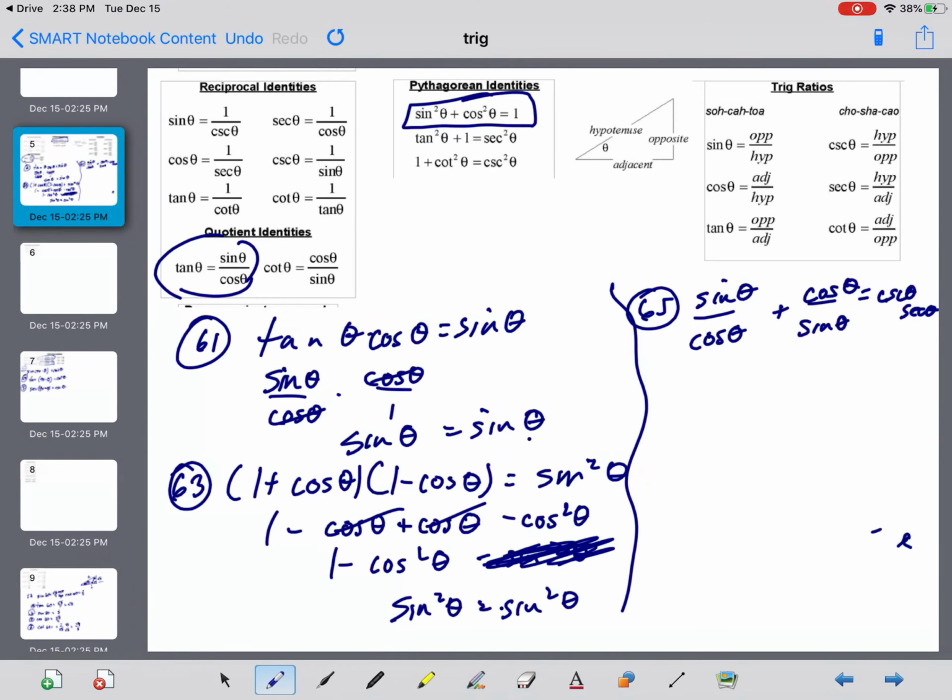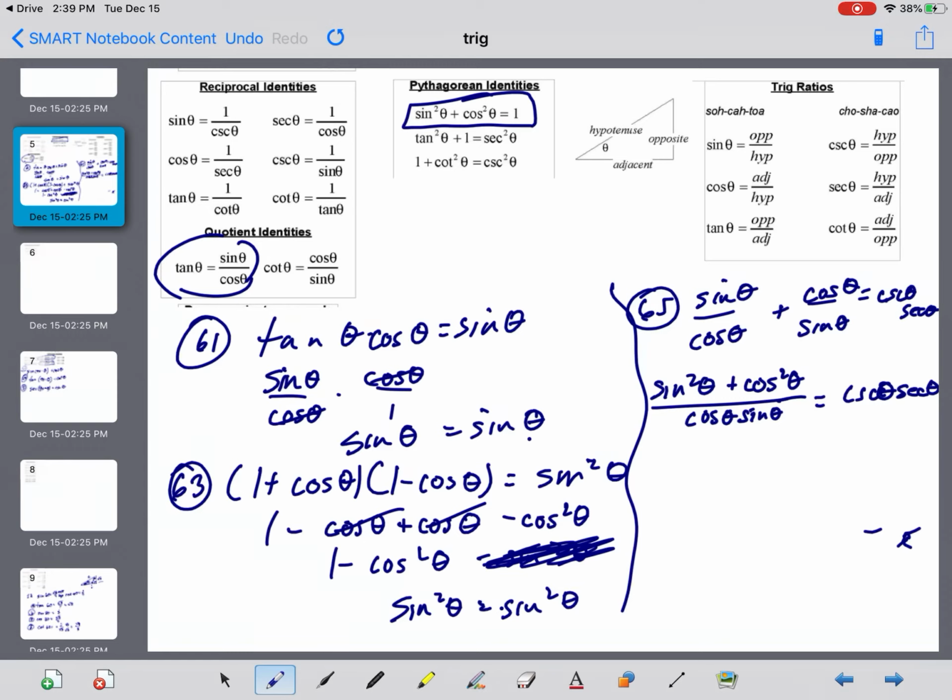So on this first fraction, we need another sine theta on the bottom and the top. So we're going to have sine squared theta. And on the right one, we need another cosine. So we're going to have plus cosine squared theta equals cosecant theta, secant theta.